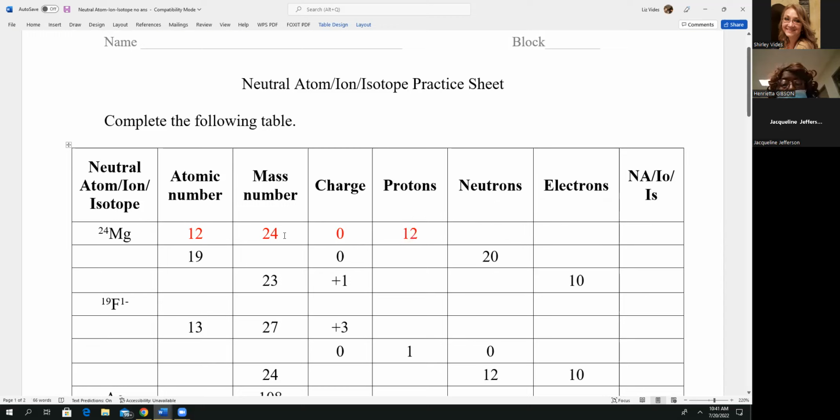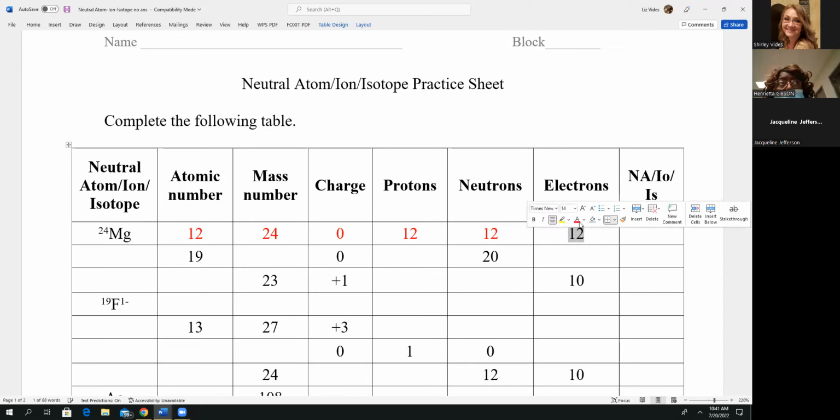The neutrons you get by subtracting the mass number minus the atomic number, which is the same as protons. So mass number minus protons equals neutrons. So we got 12 again. And the electrons, if you have no charge, are the same as the protons. So we have 12 also.